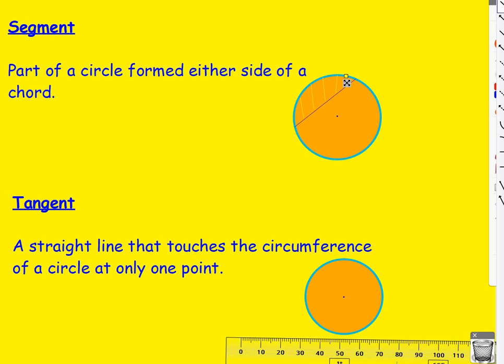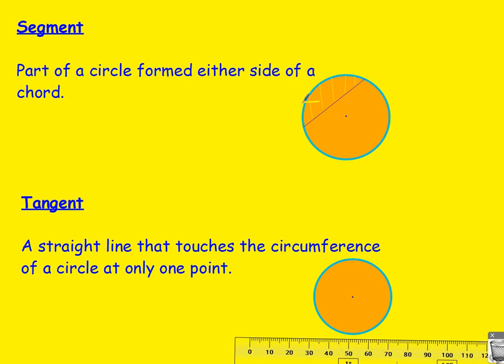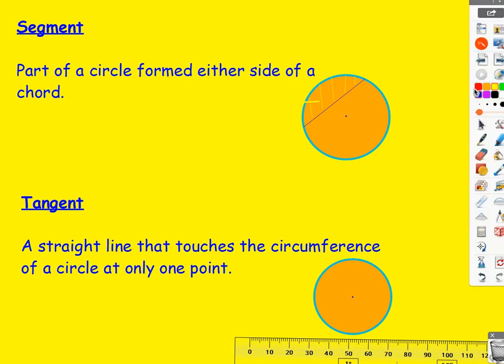Right. So the part there is a segment, but you might realise that I've got the other side of the line which is also a segment. So like we did with the chord, we can refer to them as minor and major segment.